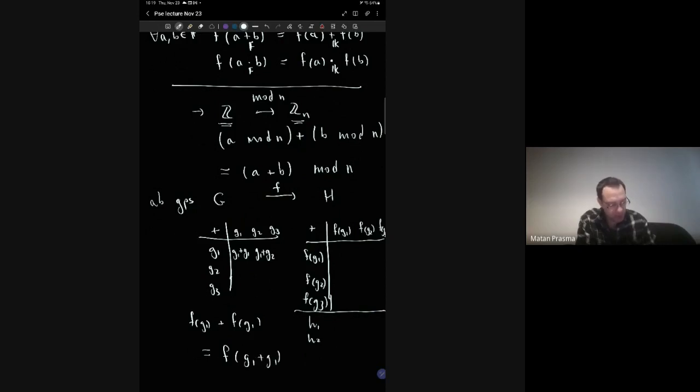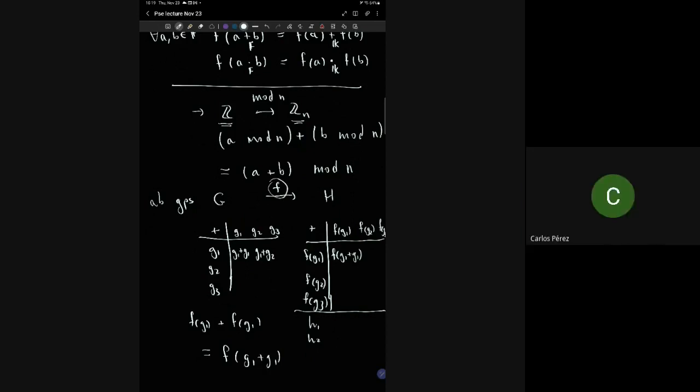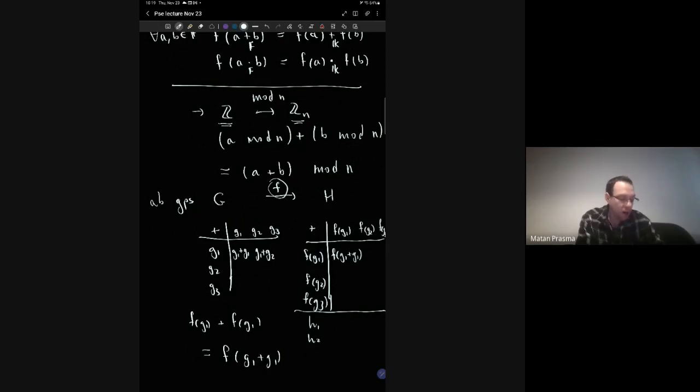So I could write here F of G1 plus G1 if I know that F is a group homomorphism. So a group homomorphism takes the addition table of G and copies it to some sub addition table of H.